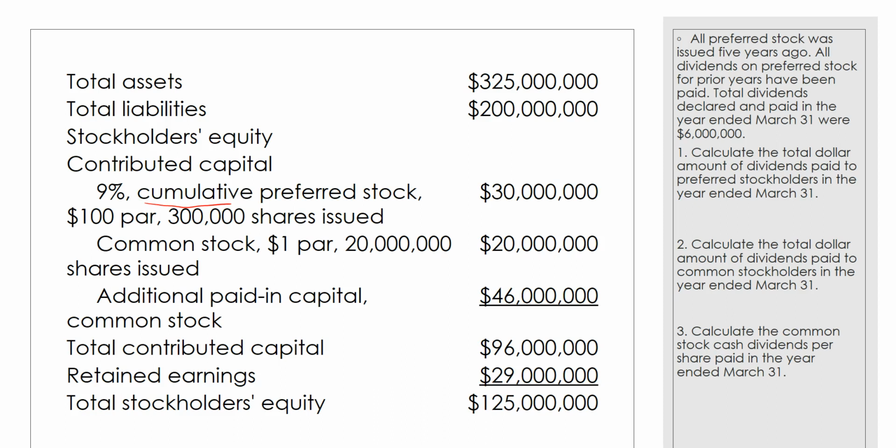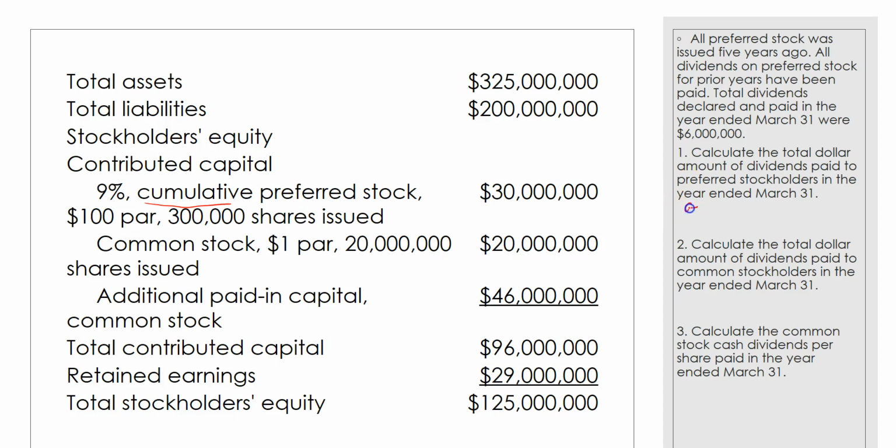So let's calculate the total dollar amount of dividends that are paid to the preferred shareholders in the year ended March 31st. Preferred stock can have a stated dollar dividend, or it can have a percentage dividend. If it's a percentage dividend, it's always a percent of par.